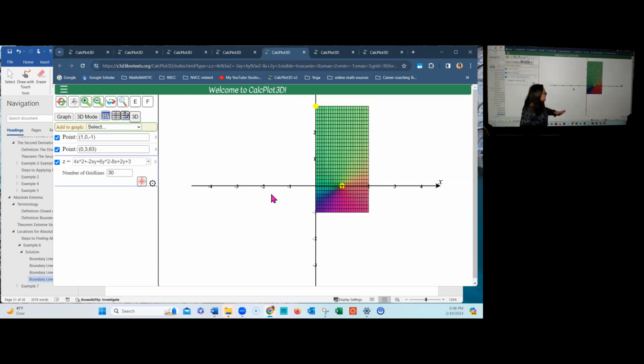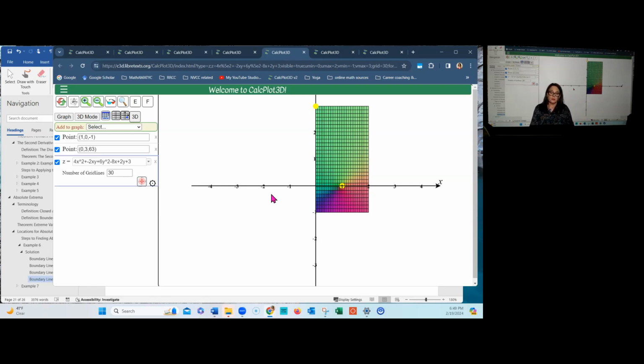Do you notice now that the X value is from 0 to 2 and Y is from -1 to 3? This is the rectangle that we were computing the absolute extrema on. Notice also that we have an absolute maximum up here at the corner, and we had our absolute minimum at the critical point of the interior.